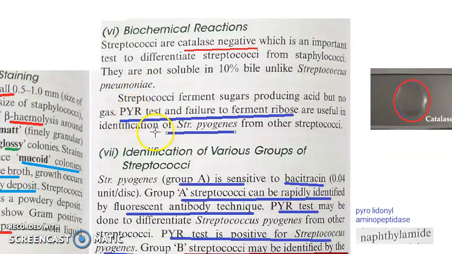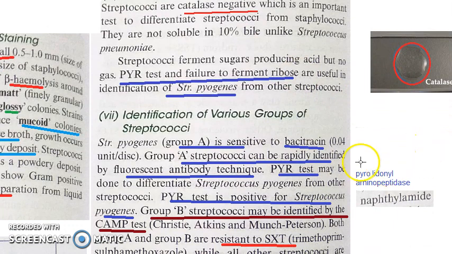And remember this blue line we have highlighted here. PYR test and failure to ferment ribose are useful in identification of Streptococcus pyogenes from other streptococci. What is this PYR test? Pyrrolidonyl naphthalamide is this PYR test.